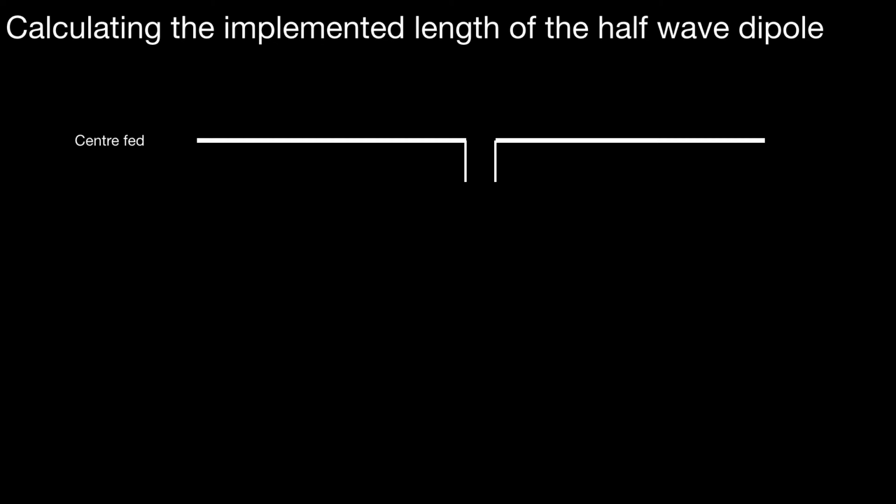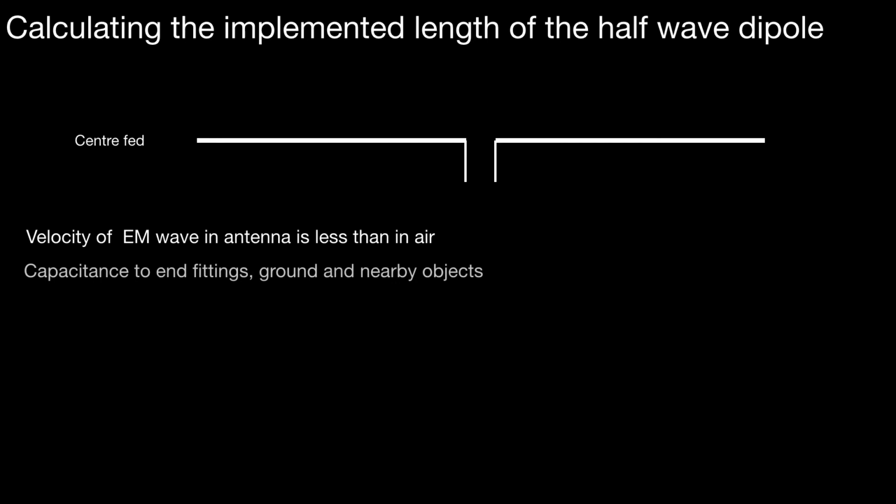All of this combines to us needing to adjust the physical length of the implemented antenna. So, recapping, the velocity of electromagnetic waves in an antenna is less than in air, and the capacitance, the end fittings, the ground and nearby objects also affect its electrical characteristics.